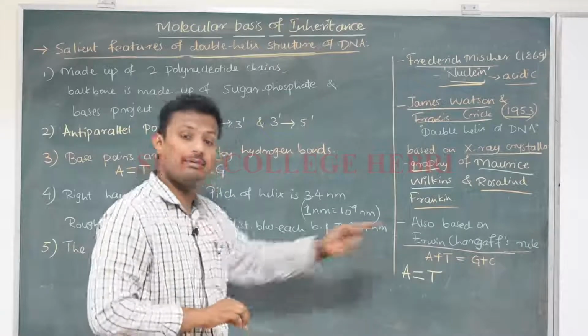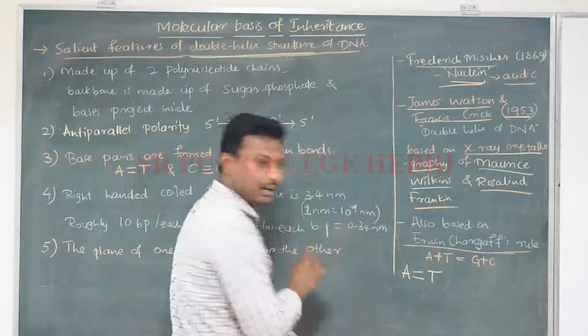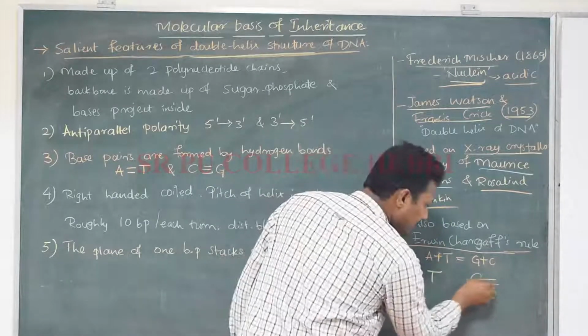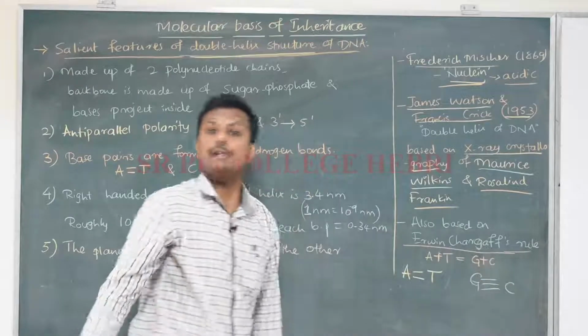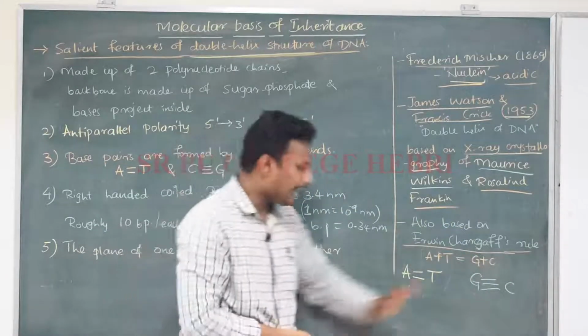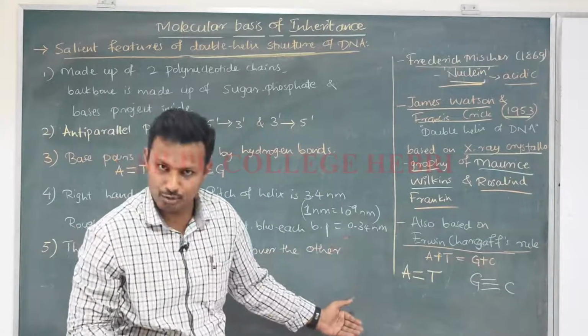That was first given by whom? Erwin Chargaff. Another important discovery in this regard was what? G, that is guanine, always pairs with C with a triple hydrogen bond. Do not get confused between these two. G and C have a triple hydrogen bond, A and T have a double hydrogen bond, right?